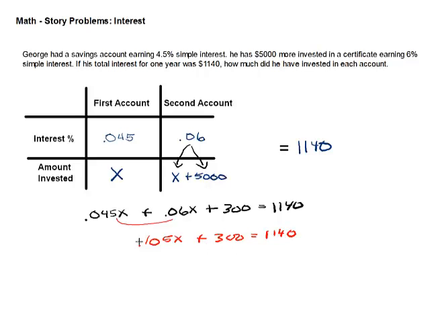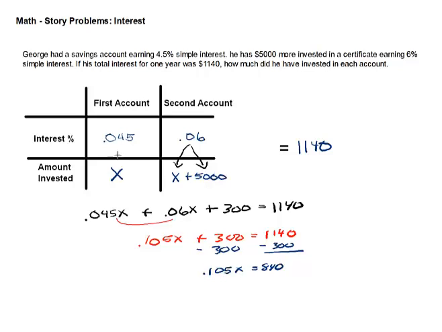And then we need to get this by itself. So we need to get rid of the 300. In order to do that, we just subtract 300 from both sides, because what you do to one side, you have to do to the other. So now it's 0.105x equals 840.